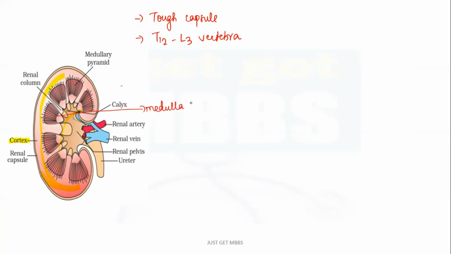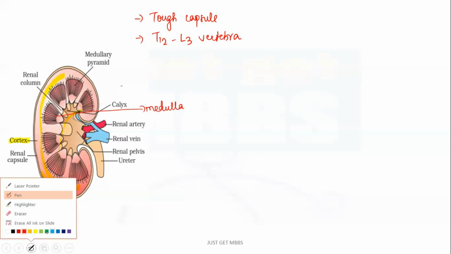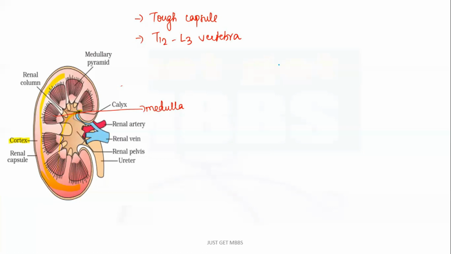So we'll try to study these structures. The cortex is not much important, but with respect to the medulla, we need to know some structures. What are the structures that we must be familiar with? The first one is the hilum. The second one is your renal pelvis. The third one is your column of Bertini.